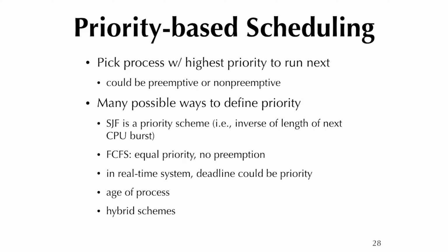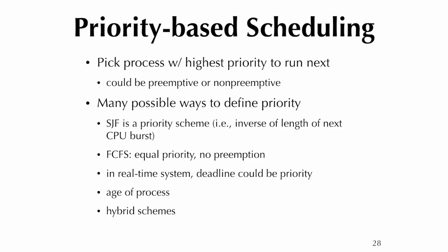Priority refers both to the mechanism of some kind of priority queue, as well as to how an application prioritizes the different tasks it has to execute. In general, you can think of it as a framework for defining different scheduling techniques.